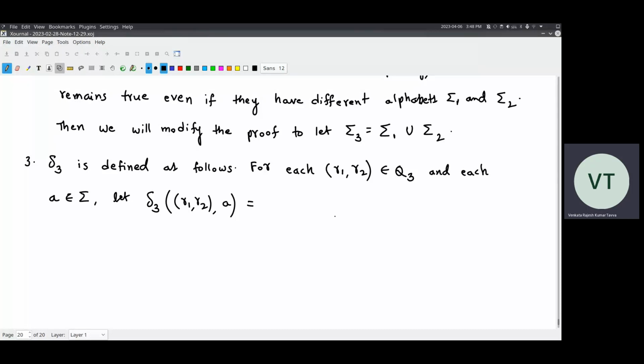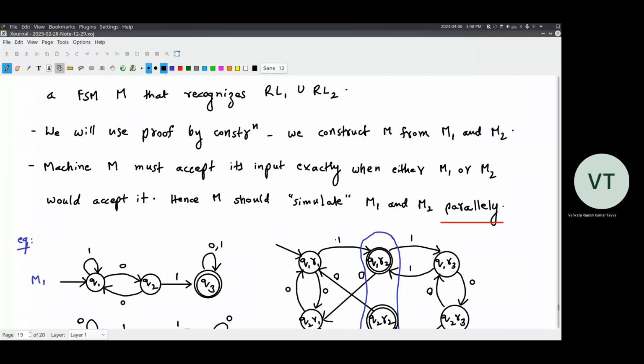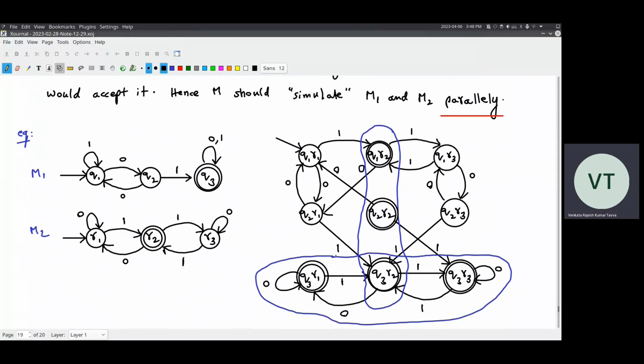Exactly. You see, in the resultant machine, basically what are the states? Each state is an ordered pair where the two elements in this ordered pair are coming from M1 and M2, right? So in this machine, each state is an ordered pair, like Q1 R1, Q2 R2, Q2 R1, something like that, right?